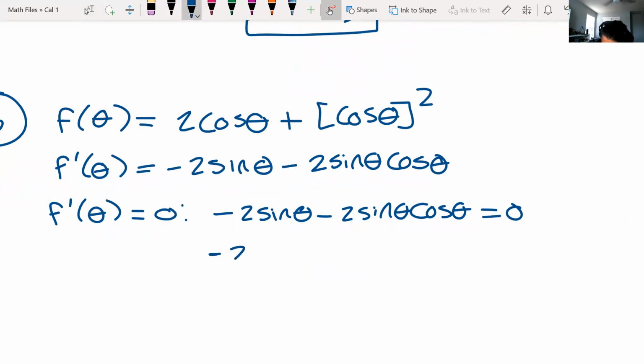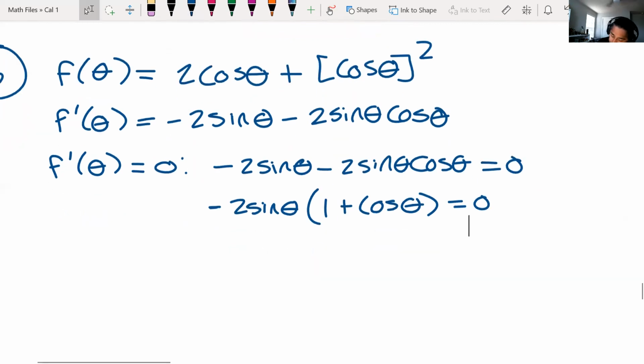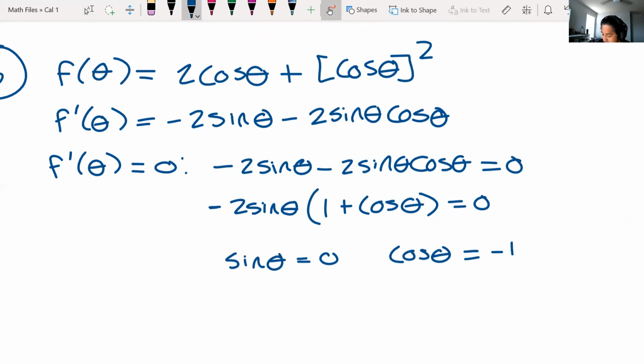Negative 2 sine theta. Negative 2 sine theta, you get 1 plus cosine theta equal to 0. Set them both equal to 0. And you'll get sine theta equals 0 and cosine theta equals -1.